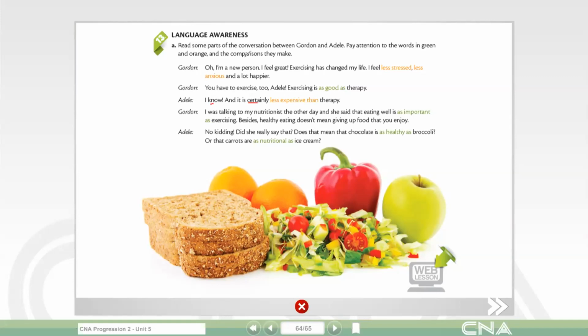I was talking to my nutritionist the other day, and she said that eating well is as important as exercising. Besides health, eating doesn't mean give up food that you enjoy.